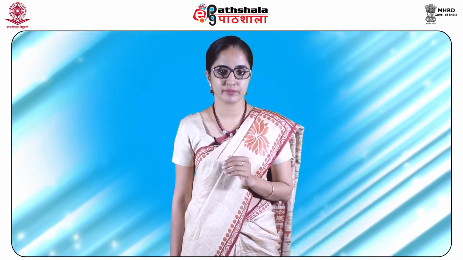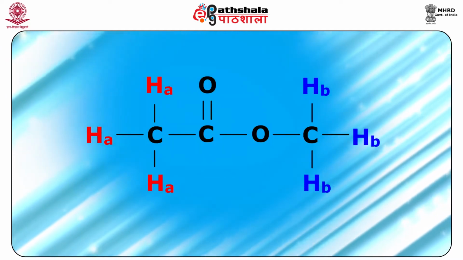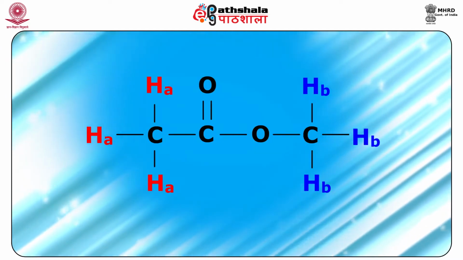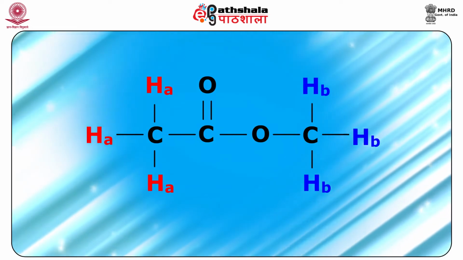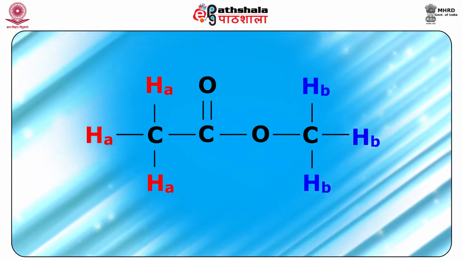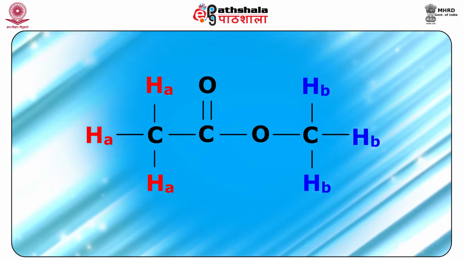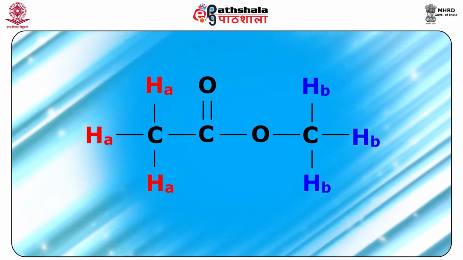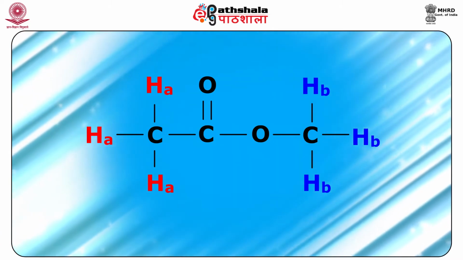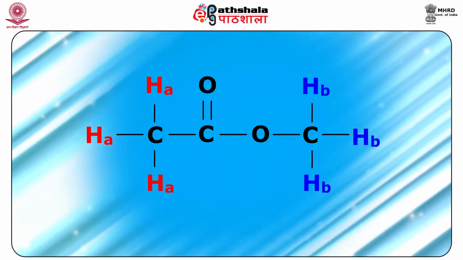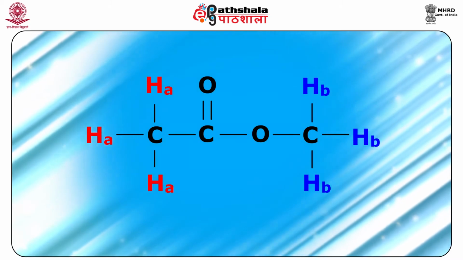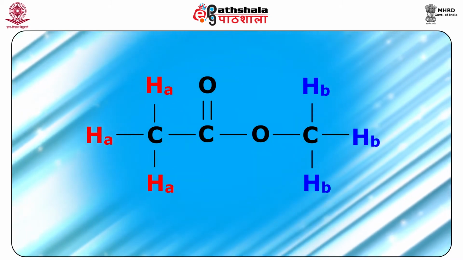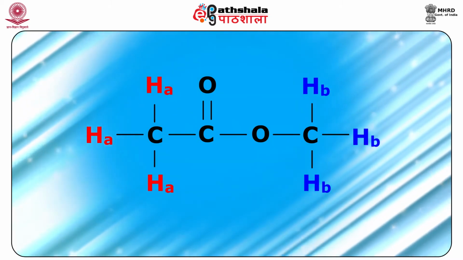Protons that have the same chemical environment are known as chemically equivalent protons and they have the same chemical shift. In methyl acetate, for example, there are two types of protons. The 3 protons labeled HA have a different chemical shift value than the 3 HB protons, because the two sets of protons are in different chemical environments, that is, they are chemically non-equivalent.